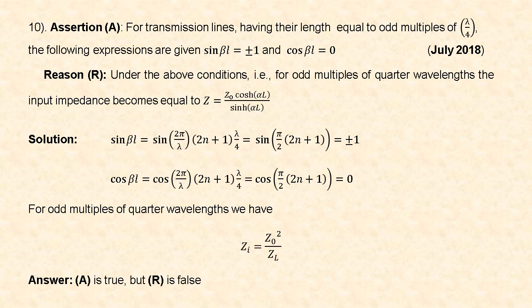Similarly, we have cos beta L is equal to cos 2 pi by lambda into 2n plus 1 into lambda by 4, which is equal to cos pi by 2 into 2n plus 1, which is equal to 0. For odd multiples of quarter wavelengths, we have the input impedance formula as Zi is equal to Z0 square divided by ZL. So the assertion is true, but the reason is false.